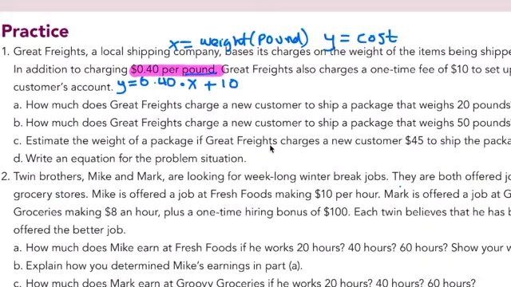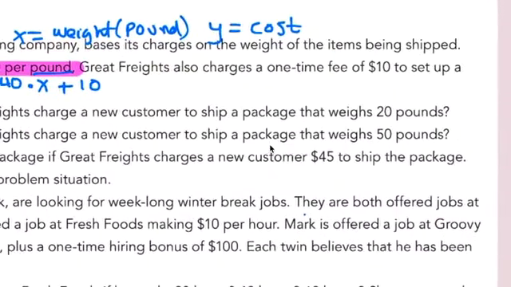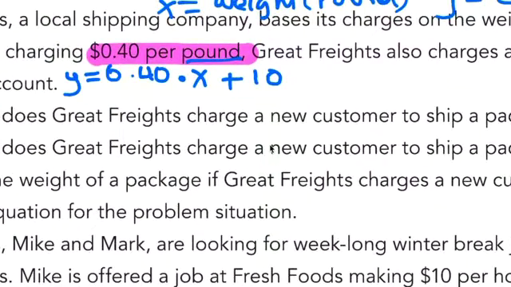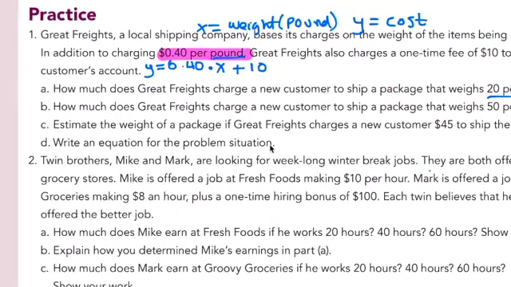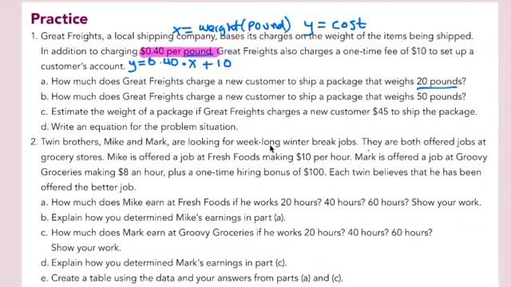Then you answer A, B, C. A and B, 50 pounds. So obviously you put the 50 pounds in here, and then you find what y is. Try to do these by hand. Show the work. I know you know how to do these without having to use a calculator.